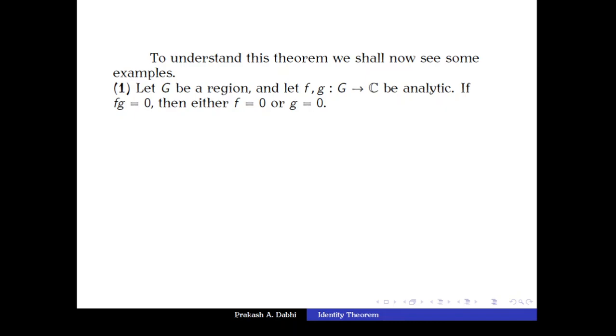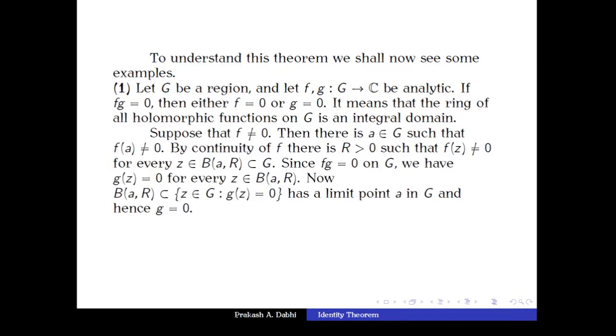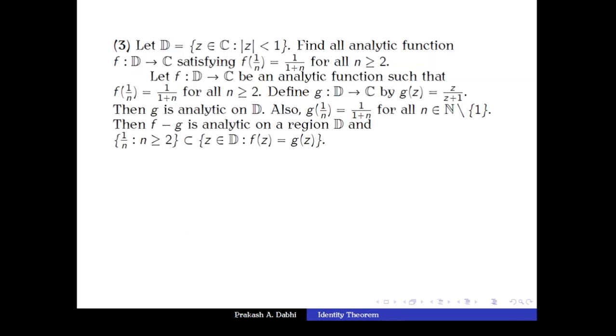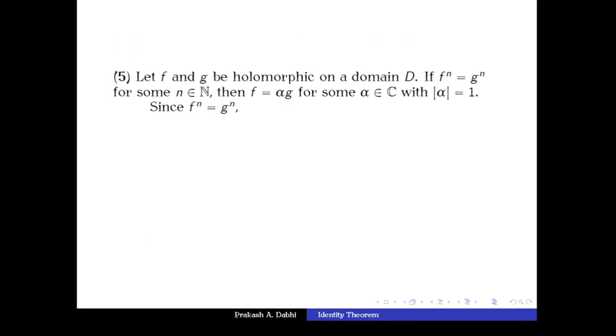So by using induction, one can prove that if we are given n analytic functions, say f1, f2 up to fn, which are analytic on a region G, and if the product of those n functions is 0, then at least one of them is a 0 function. So if we use that fact, what we get?